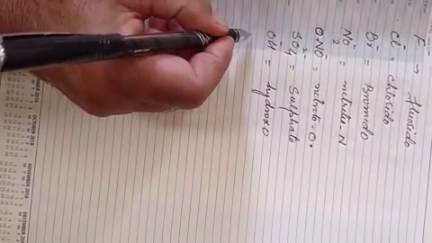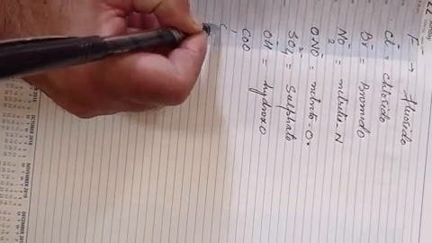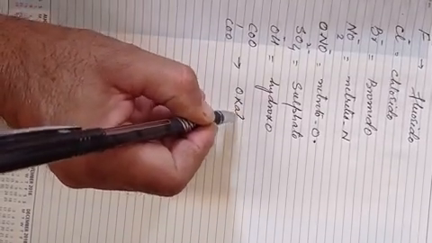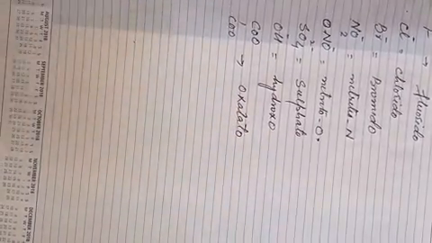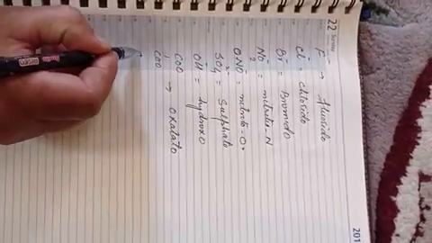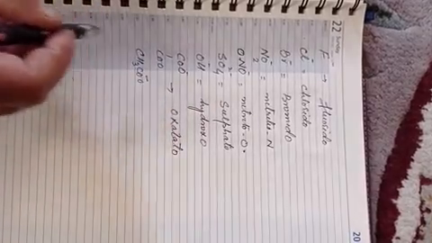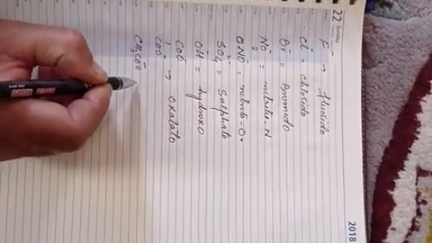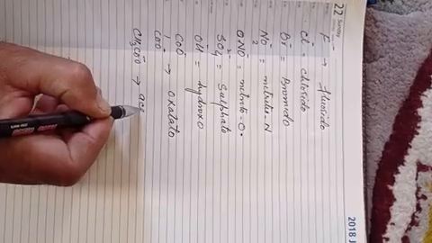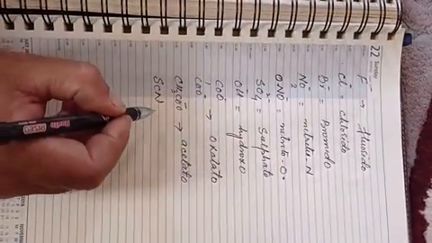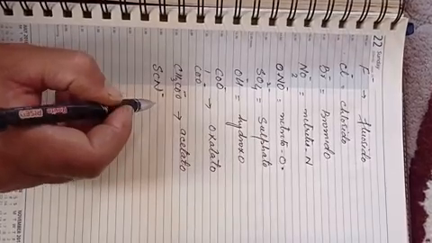If it is the oxalate group, you write oxalato. If it is the acetate group, it is acetato. With SCN, it is thiocyanato.